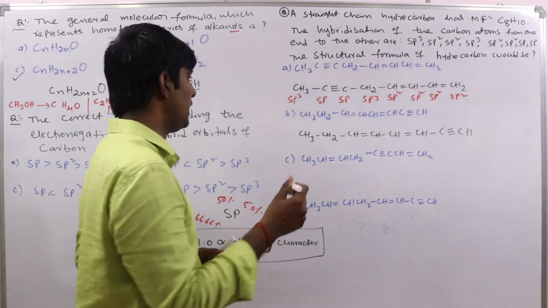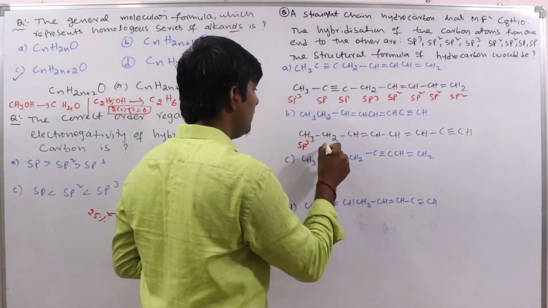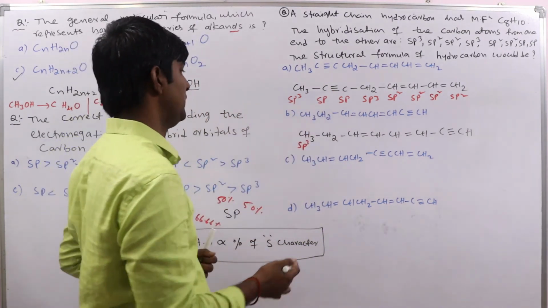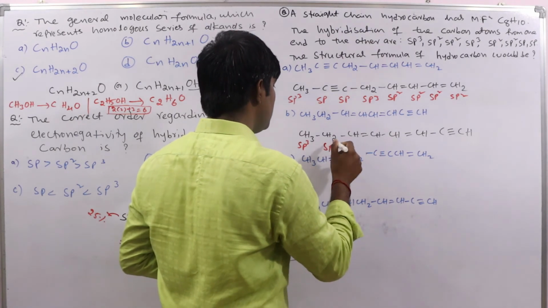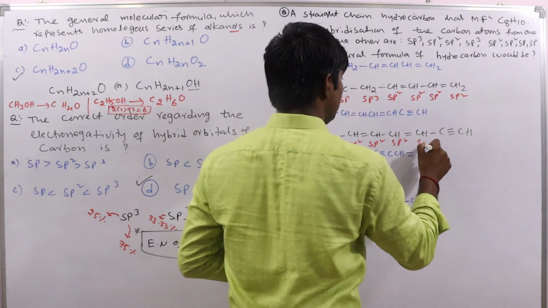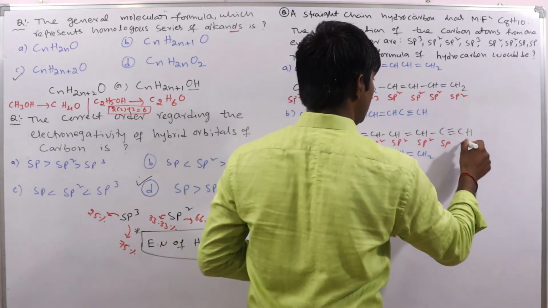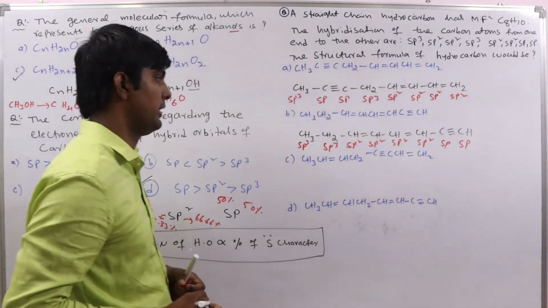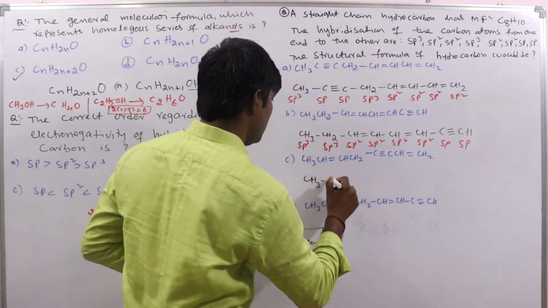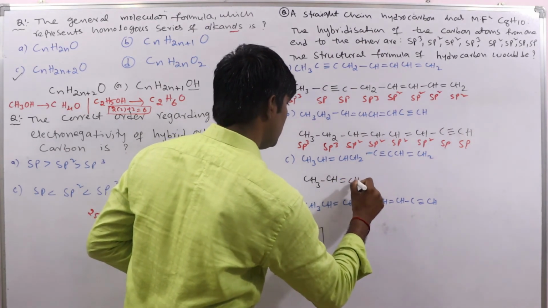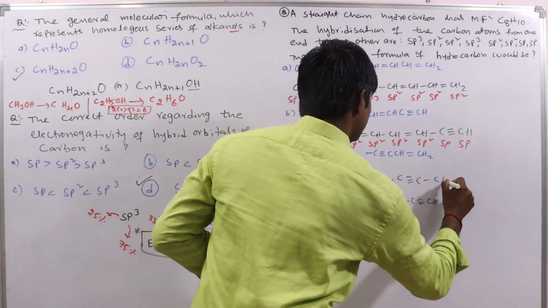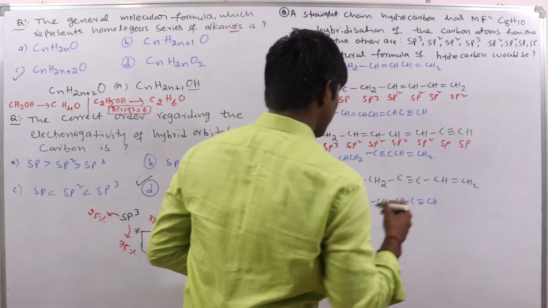Here the hybridizations are sp3, sp2, sp2, sp2, sp2, sp, and sp. Next, CH3, single bond CH, double bond CH, CH2, C, triple bond C, CH, double bond CH2.